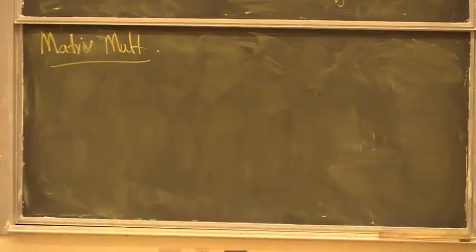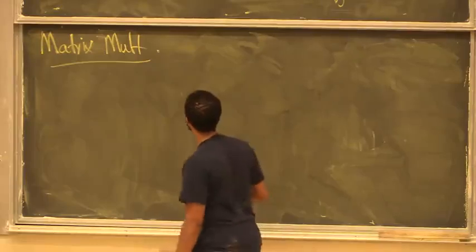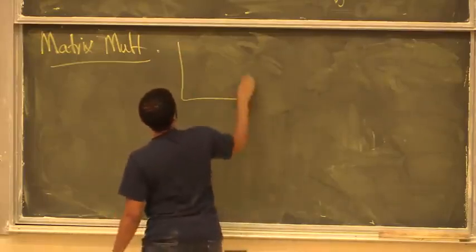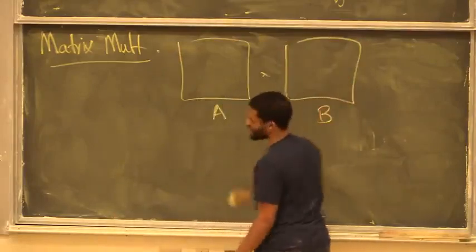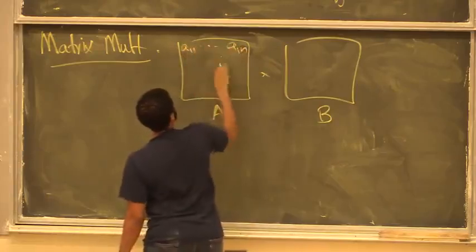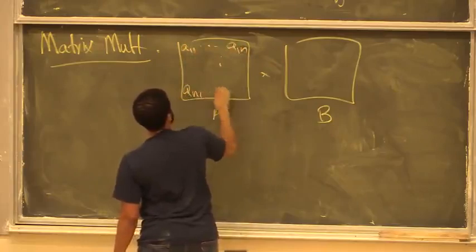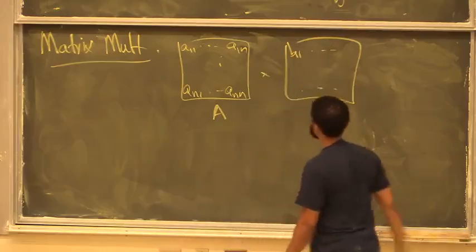Yeah. Okay, good. So matrix multiplication, I'm going to look at square matrix multiplication. So we have a matrix A times a matrix B. The entries of A look like A11 up to A1n, N1 up to ANN, and then we have the B's as well, right?